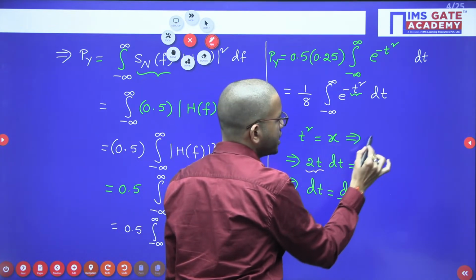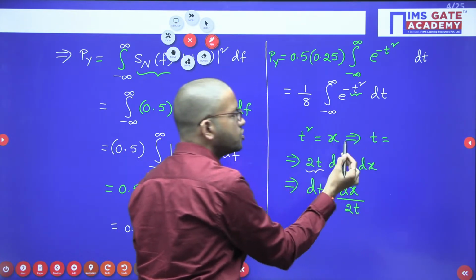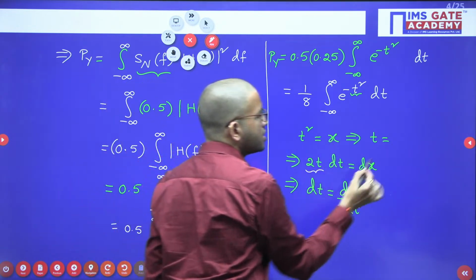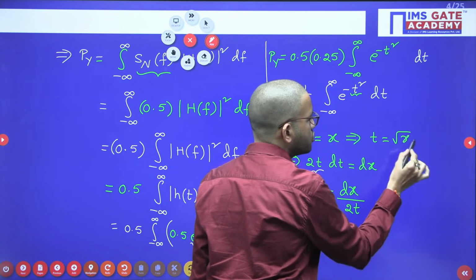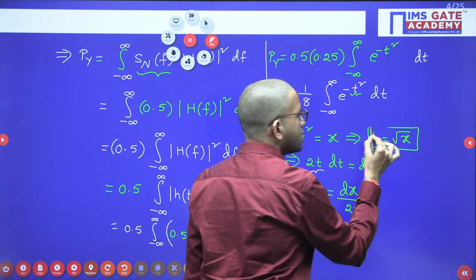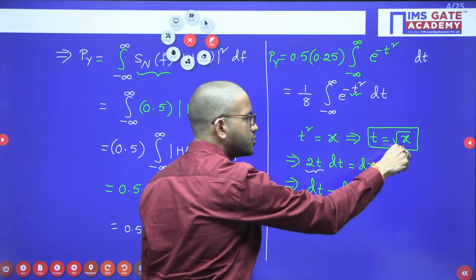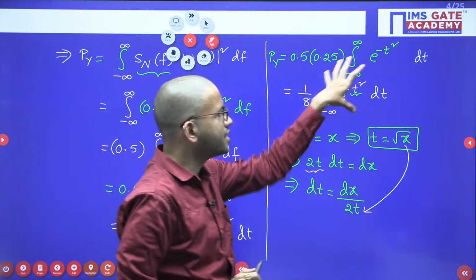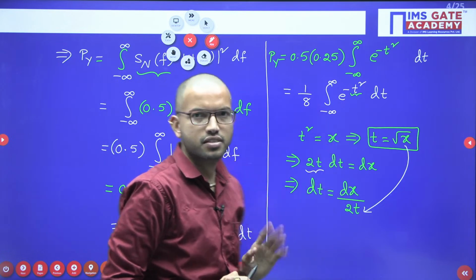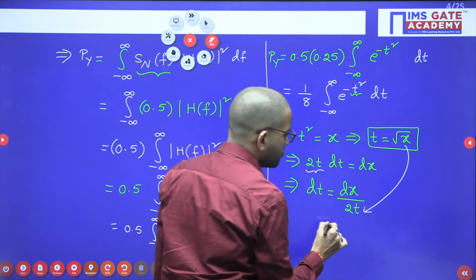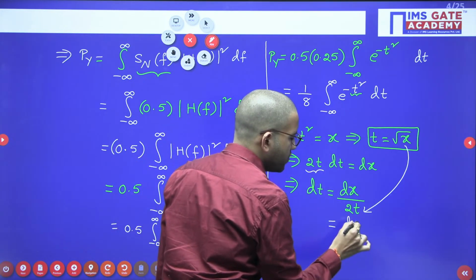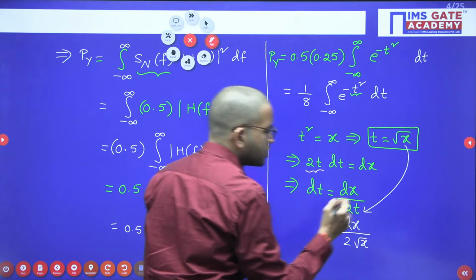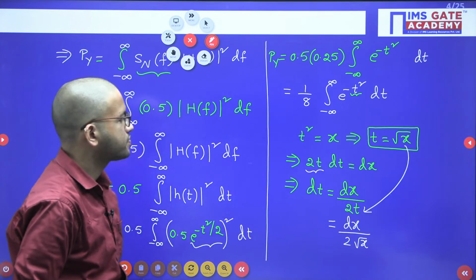If you take the square root on both sides, you will get simply t here and on the right hand side you are going to get root x. Now in place of t you can substitute root x, so that you get the overall integral in terms of x. So from here you are going to get dx divided by 2 into root x.